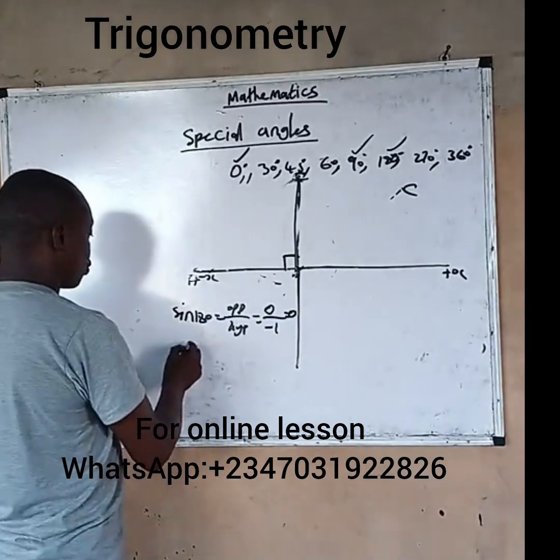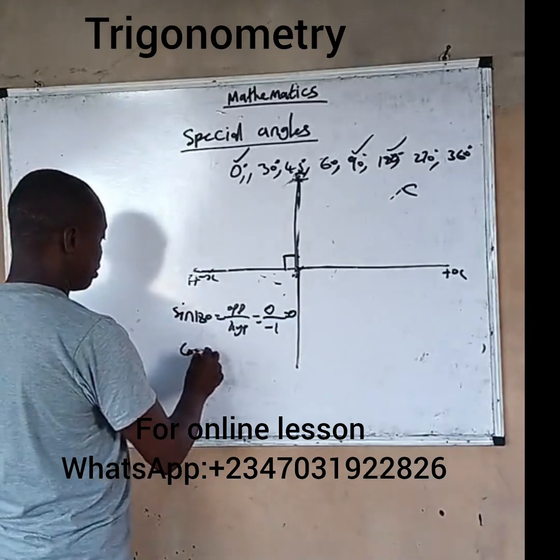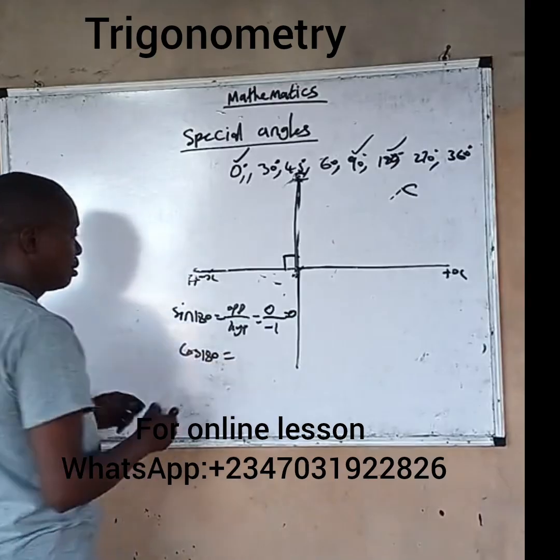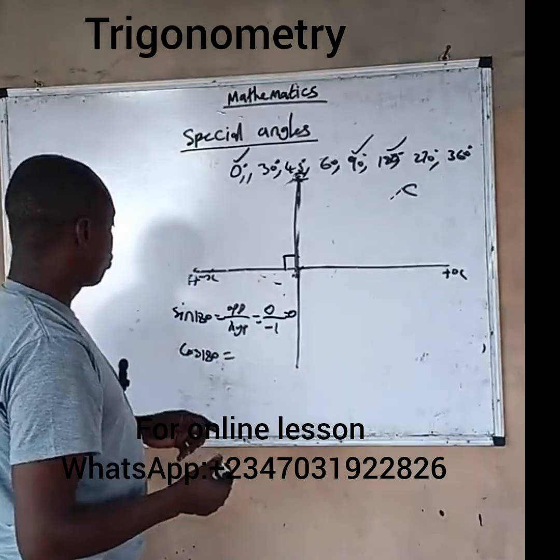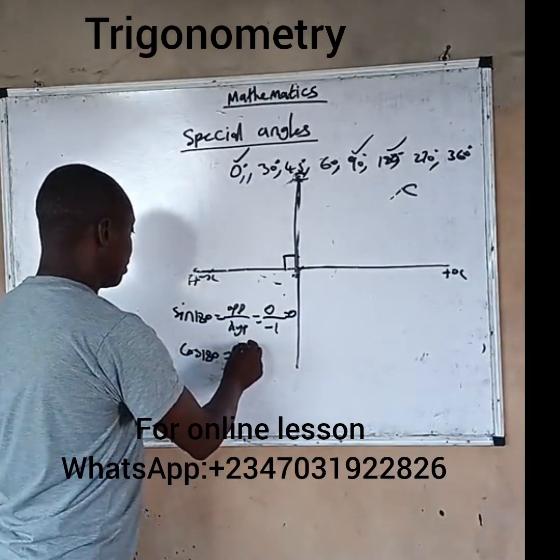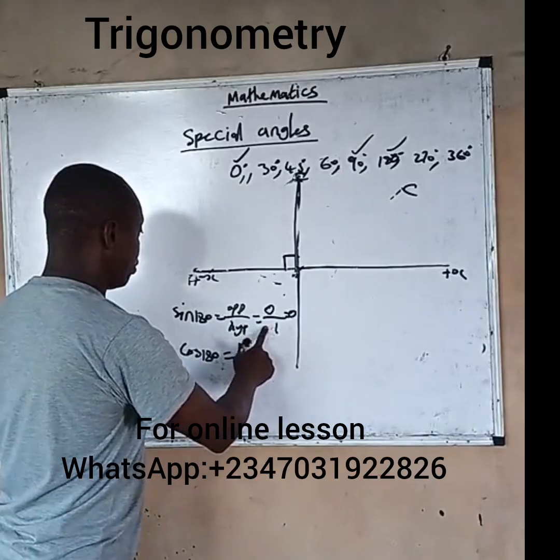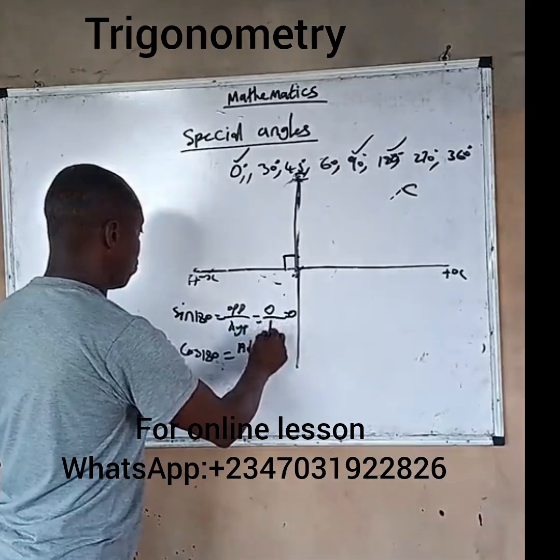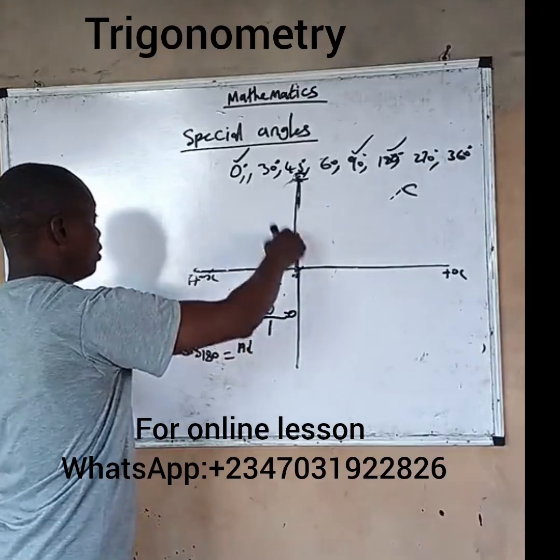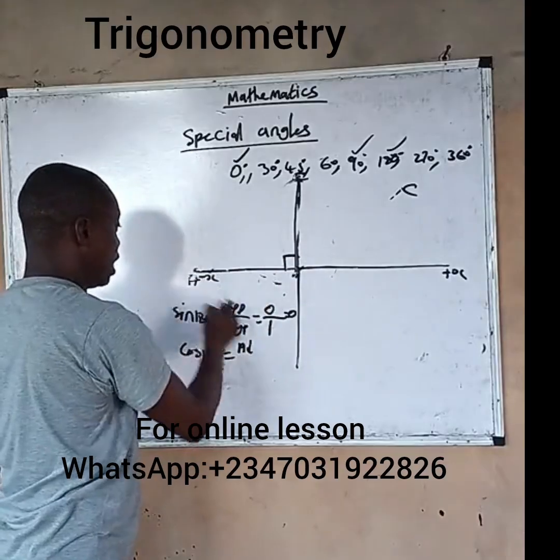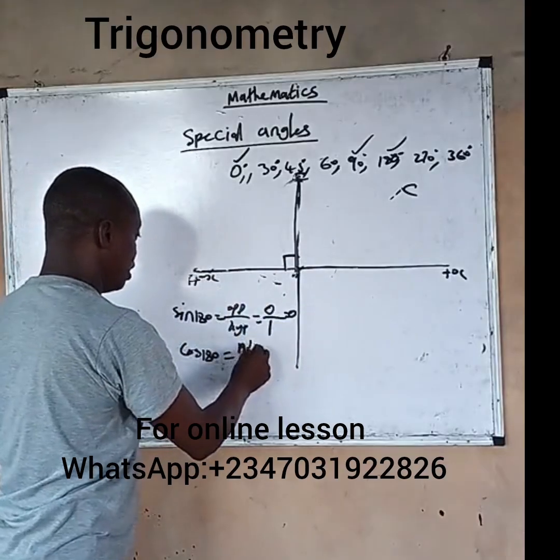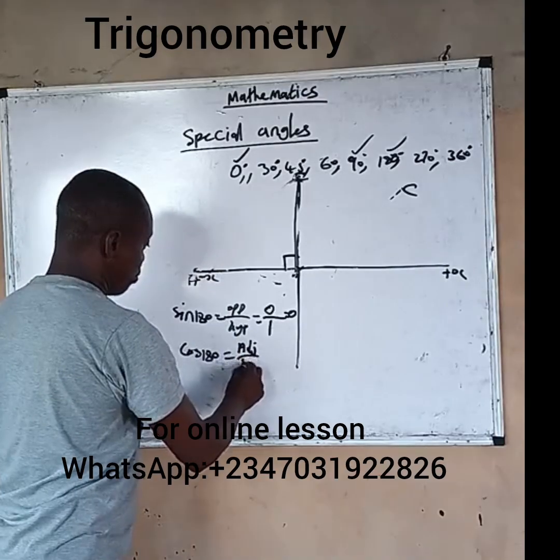Then cos 180. Remember it is adjacent over hypotenuse. The hypotenuse is 1, not minus 1, because that line is 1; the negative sign is on the x.